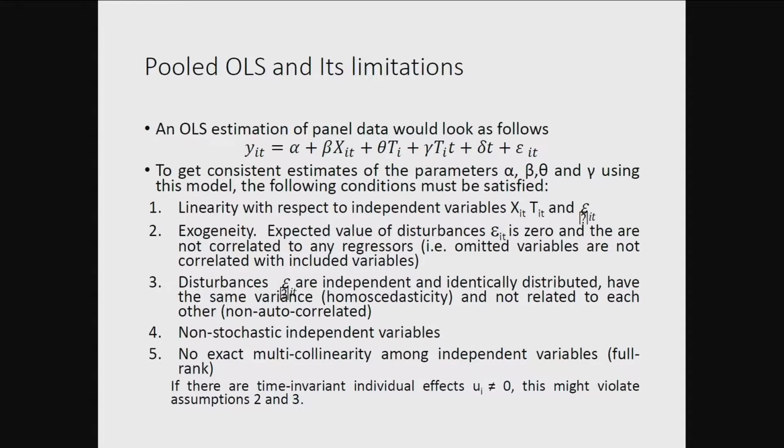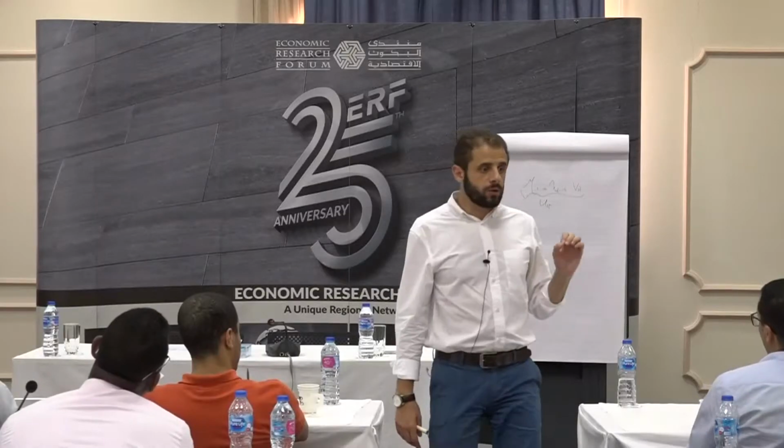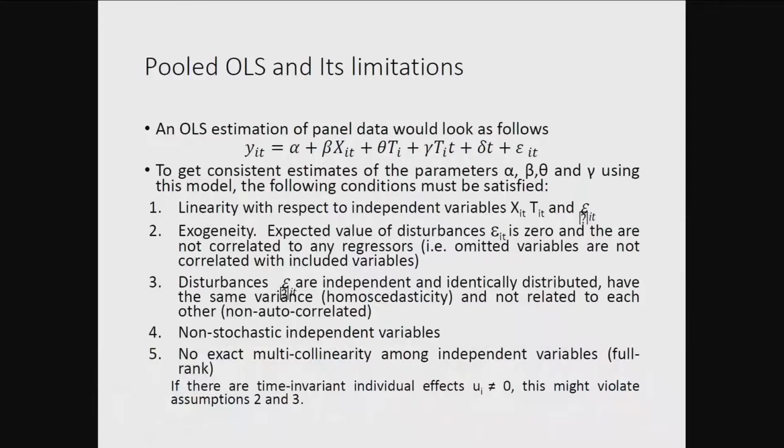Compared to a simple OLS, I introduced individual dummies, time dummies, and an interaction between both, but I estimate this using a simple OLS. So in order to get unbiased estimates of my coefficients of interest, which are alpha, beta, theta, gamma, and delta, we must have the initial conditions satisfied.